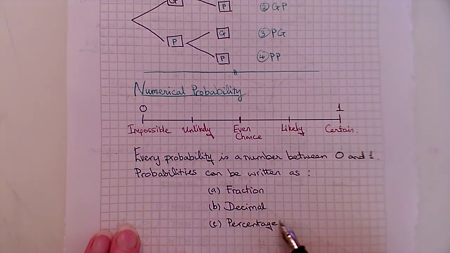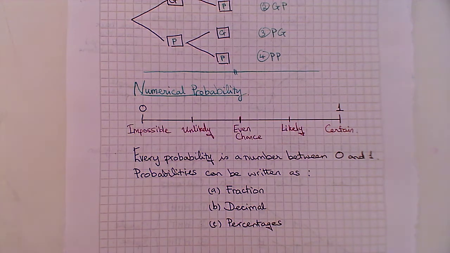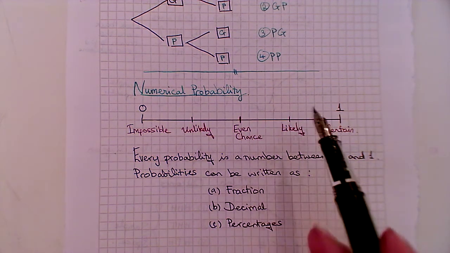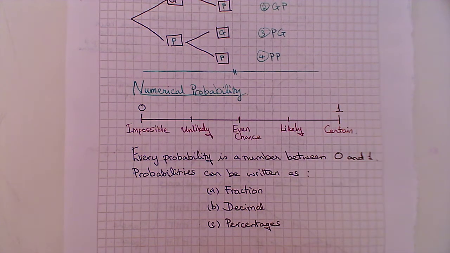And we learned before Christmas that those 3 things are equivalent, and we learned how to change one into the other. Now the question might tell you whether to use a fraction, decimal, or percentage, and if it doesn't, then any of those will be a correct answer, an acceptable answer. I'm going to use decimals for a probability scale here, but you could equally use percentages or fractions, whatever you prefer.